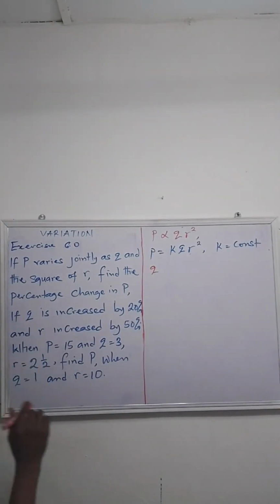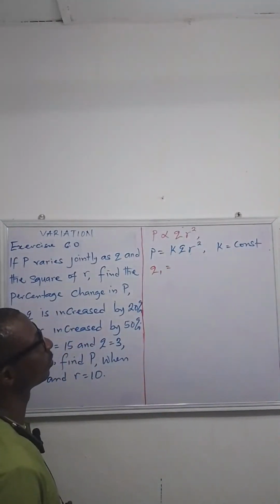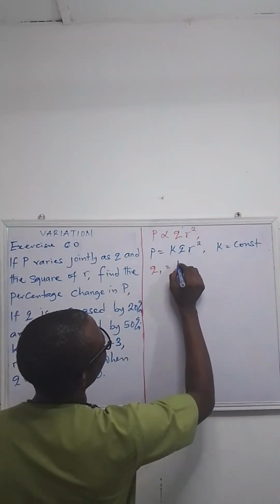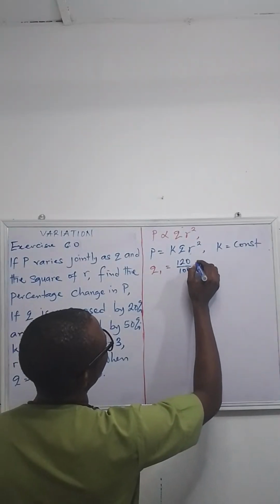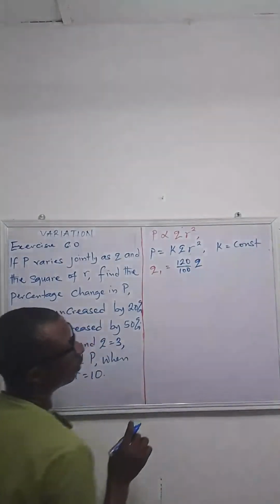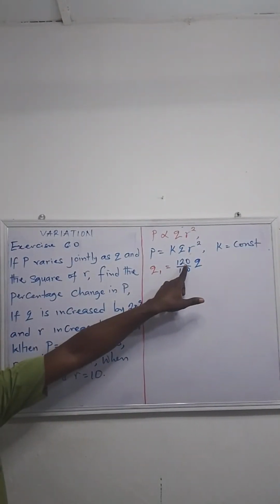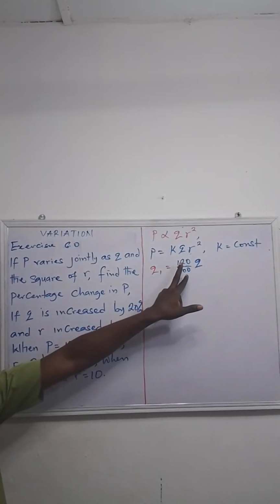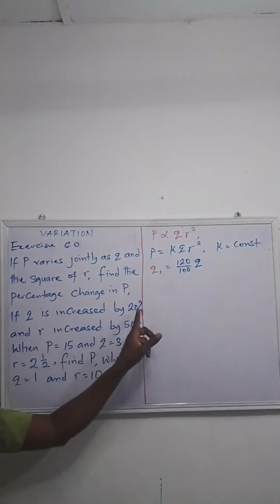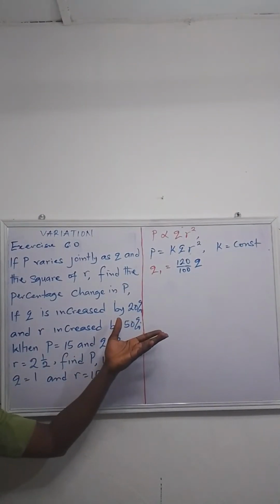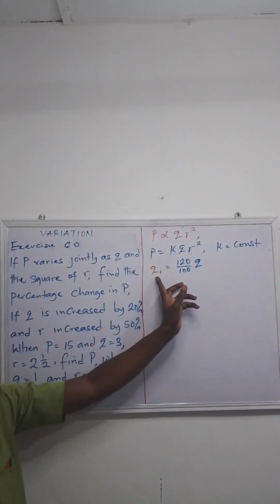So the new Q will be 120 over 100 of the original Q. It has been increased by 20, so we have 100 plus 20 over 100, since percentage is over 100. You understand now? So this is the new Q.